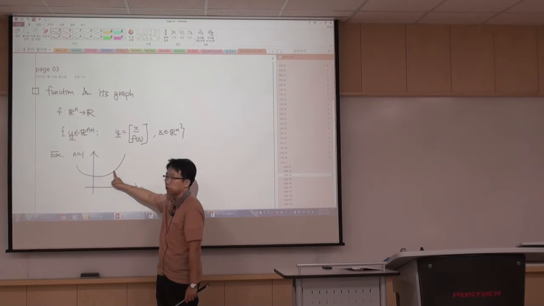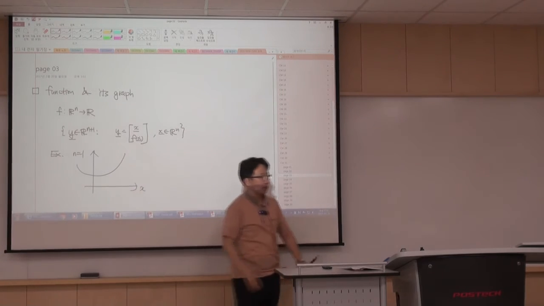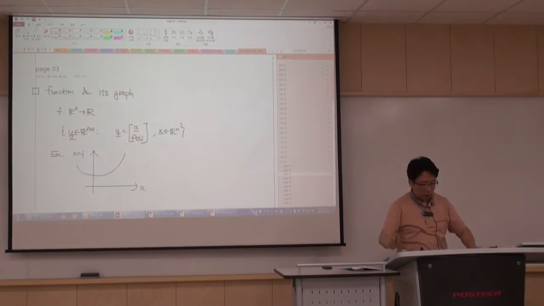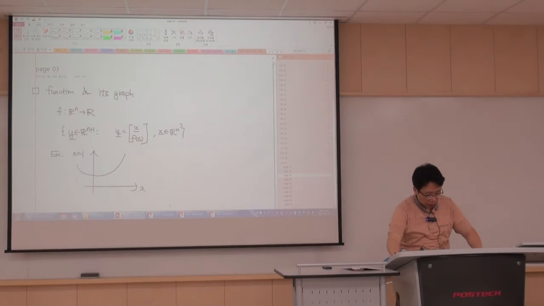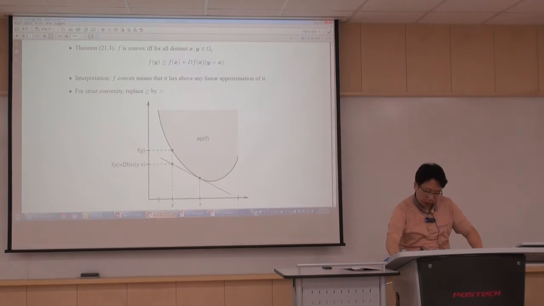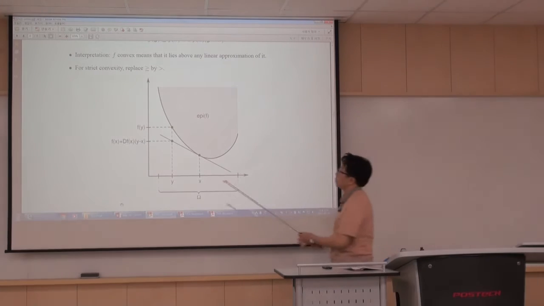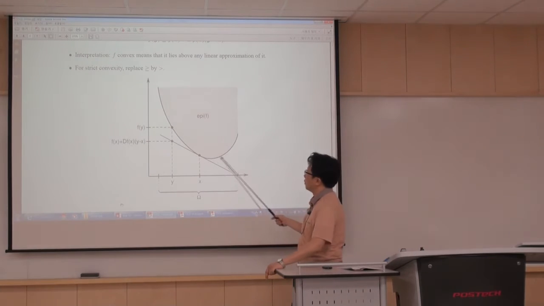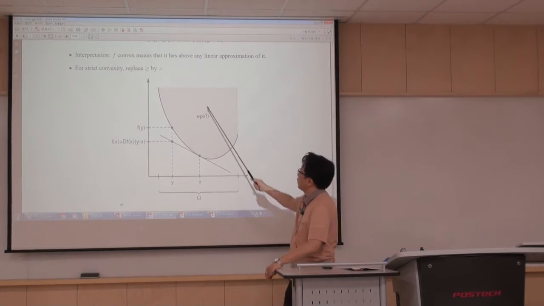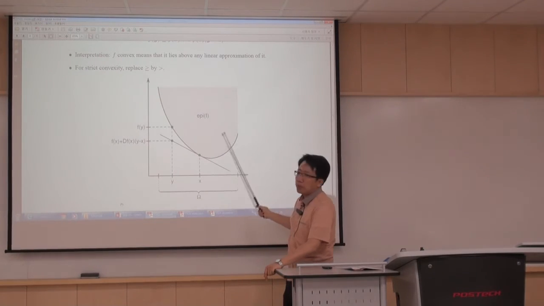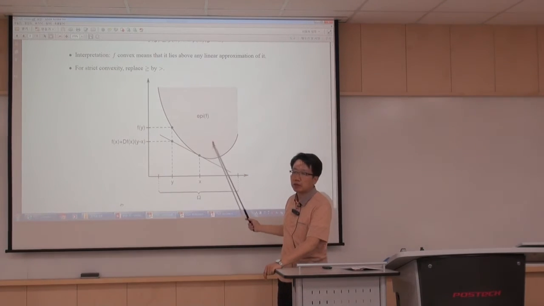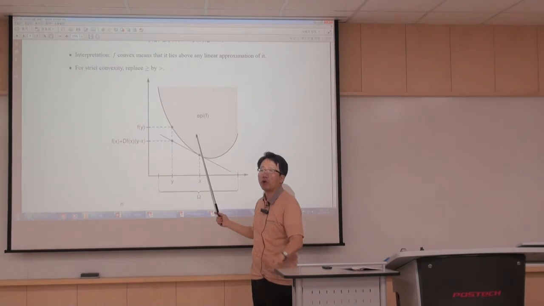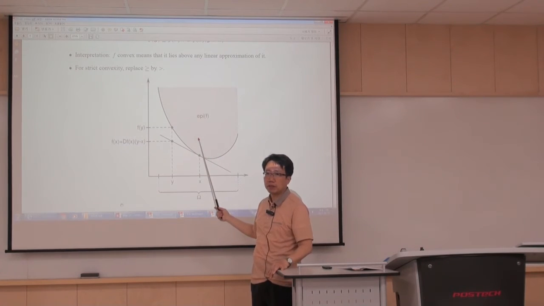Some x comma f of x. Got it? So this is a graph. Now this is the graph of our convex function, and this area, this set of points, is called epigraph.